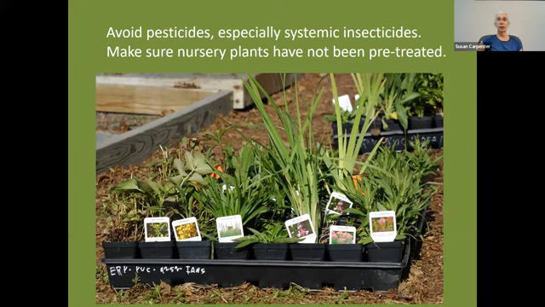These plants that you're seeing here are from a native plant nursery that is definitely proud to say that they do not treat their plants, but you may want to check that for other sources, because if a nursery doesn't have it labeled or can't really assure you that they are not treated, then they might be treated.